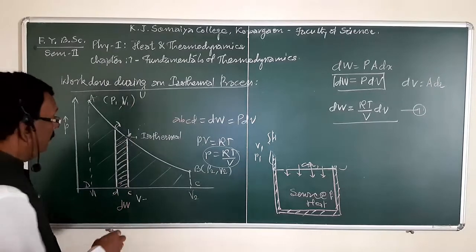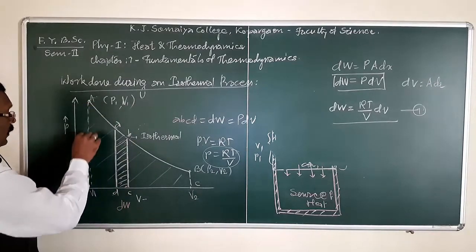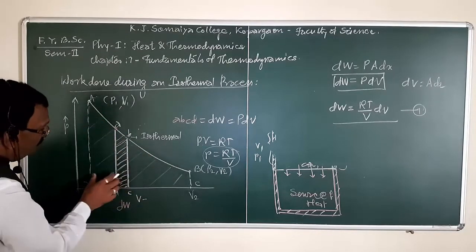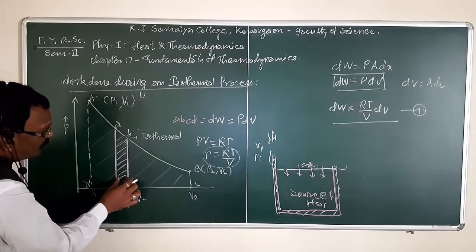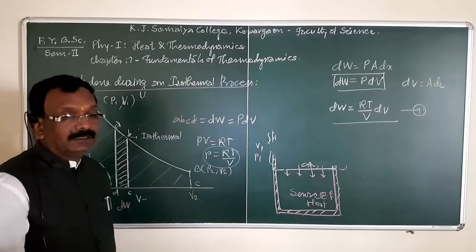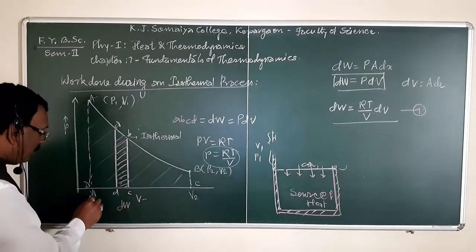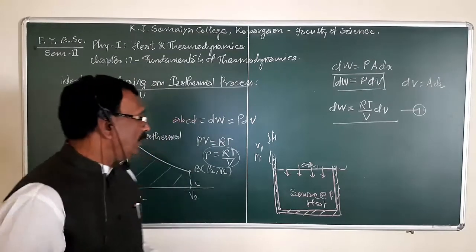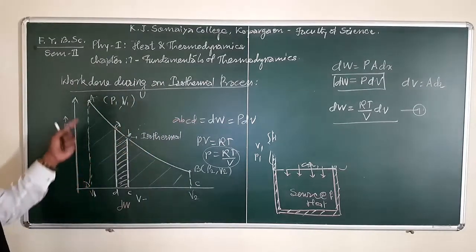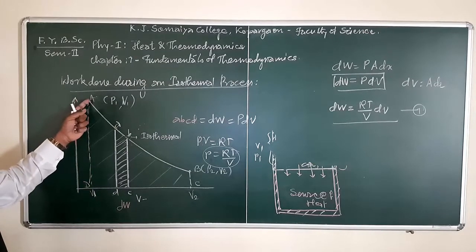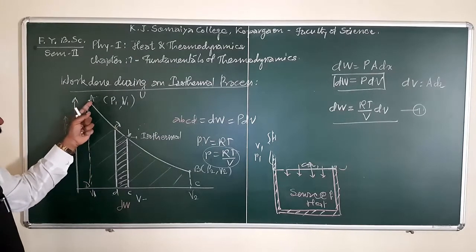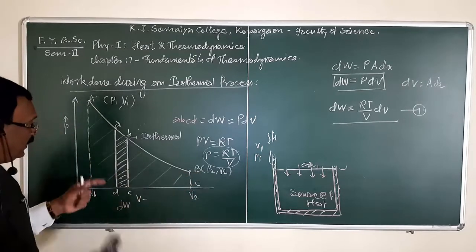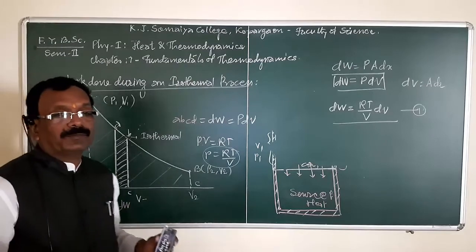Now, in order to calculate the work done for finite change, we have to integrate all such small work done, and for that purpose we have to consider the change in volume from V1 to V2. In order to obtain the expression for work done for this finite change AB from volume V1 to V2, we have to integrate all such work done.